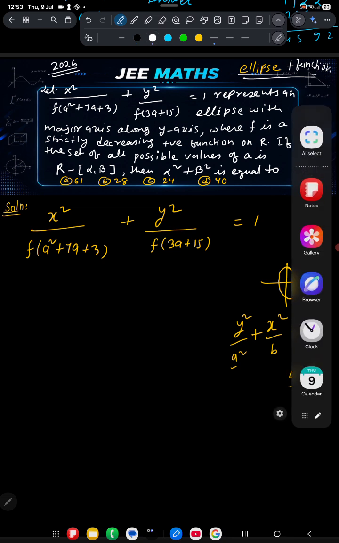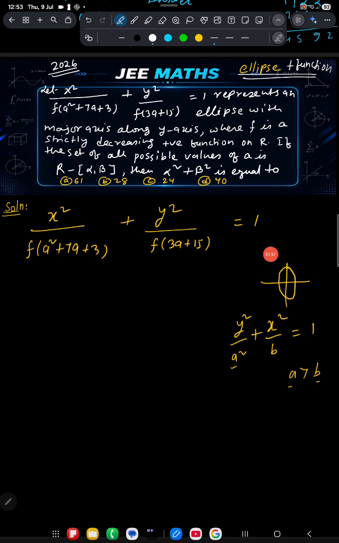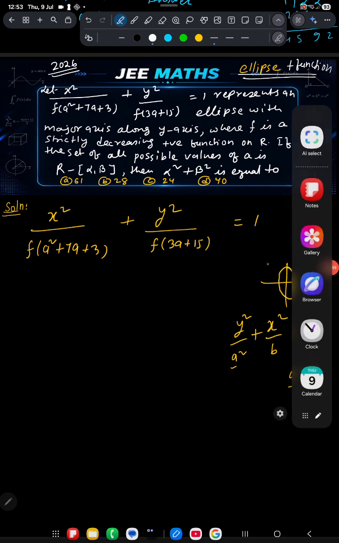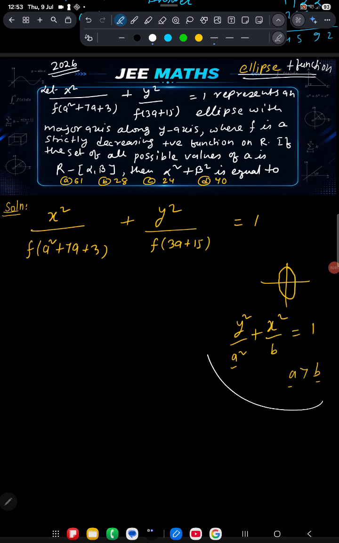for the ellipse whose major axis lies on the y-axis.